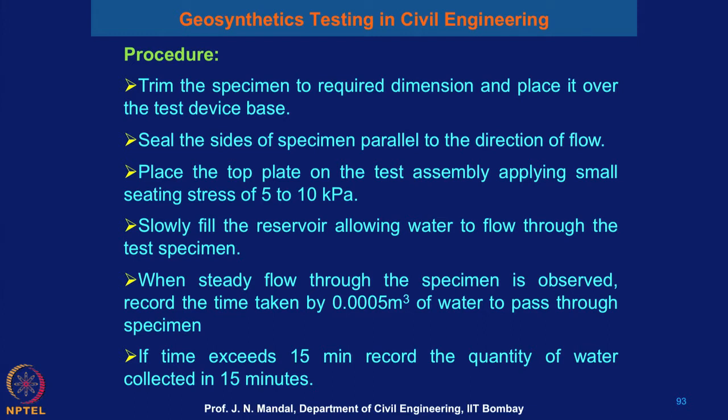Slowly fill the reservoir, allowing the water to flow to the test specimen. When steady flow through the specimen is observed, record the time taken by 0.005 meter cube of water to pass through the specimen. If the time exceeds 15 minutes, record the quantity of water collected in 15 minutes.